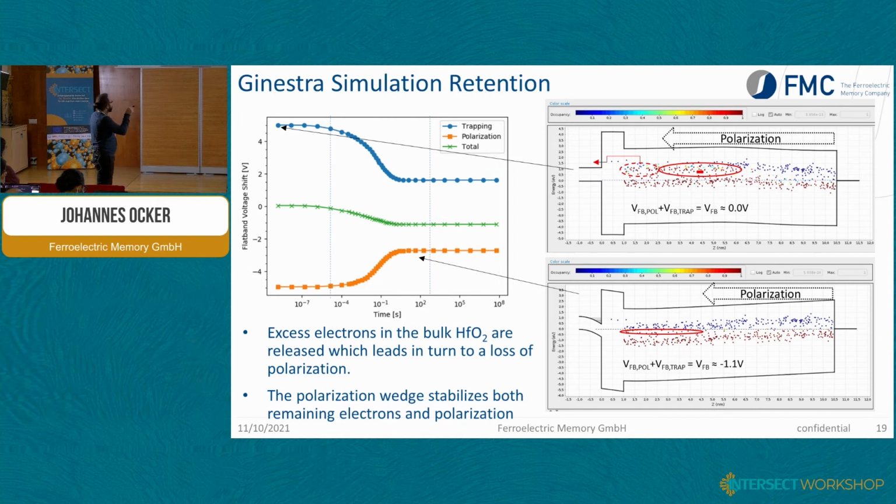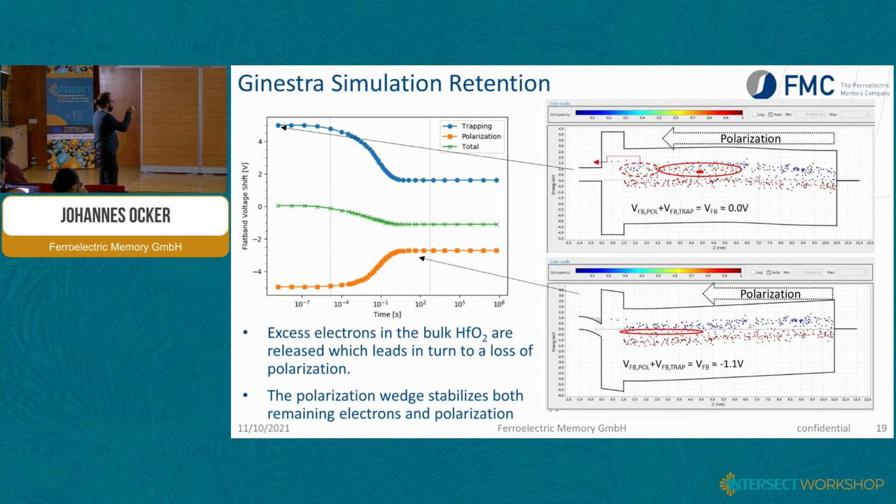But then you have this release of electrons, so the electrons trap out. And it seems that over time, this release of the electrons is much faster than the depolarization effect. So at some point this wedge structure forms, and this is because of the polarization. This wedge structure pushes these traps below the Fermi energy.